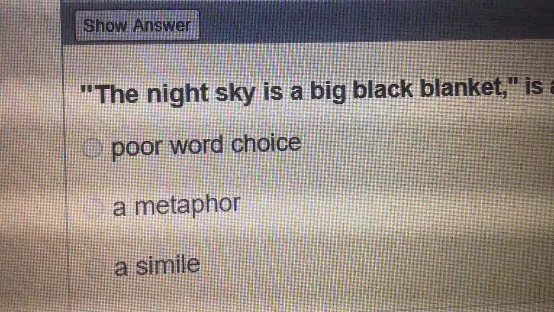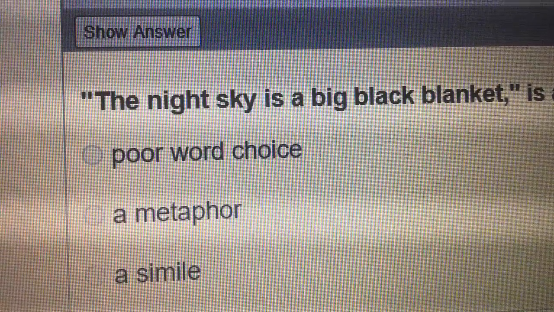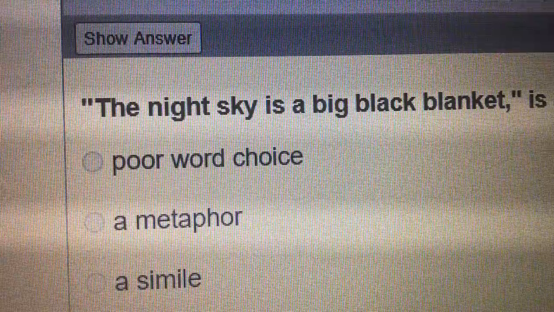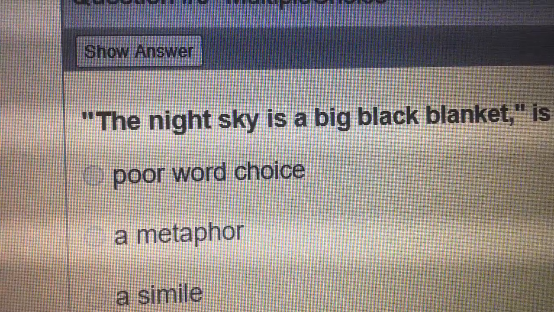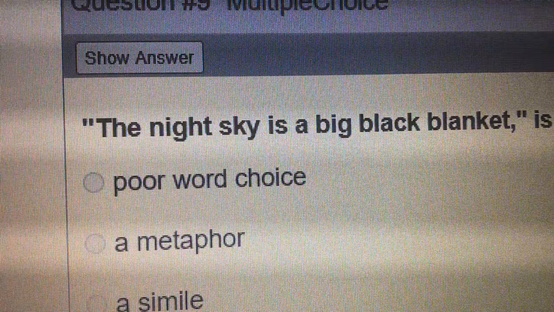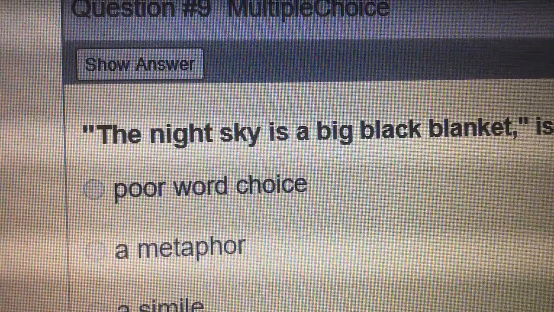Question 9. "The night sky is a big black blanket" is an example of poor word choice, a metaphor, a simile.